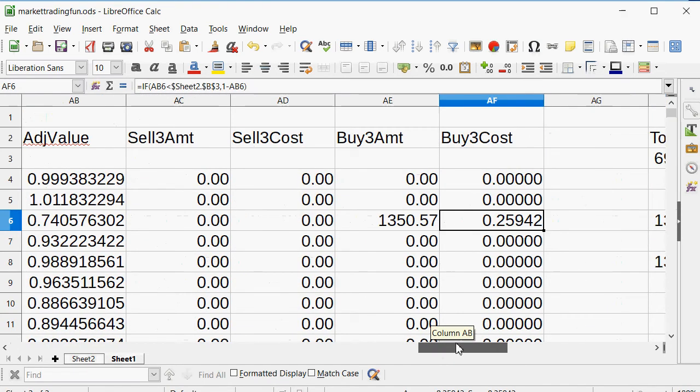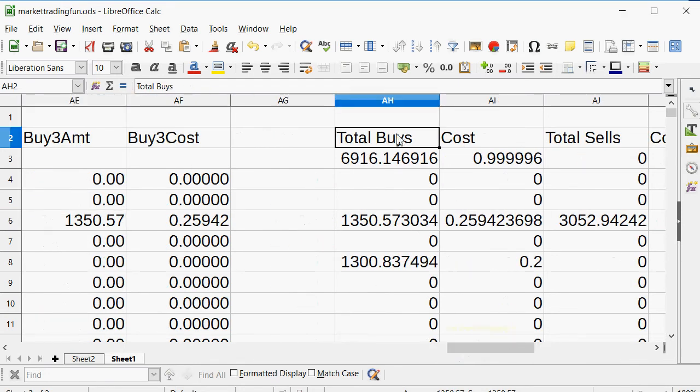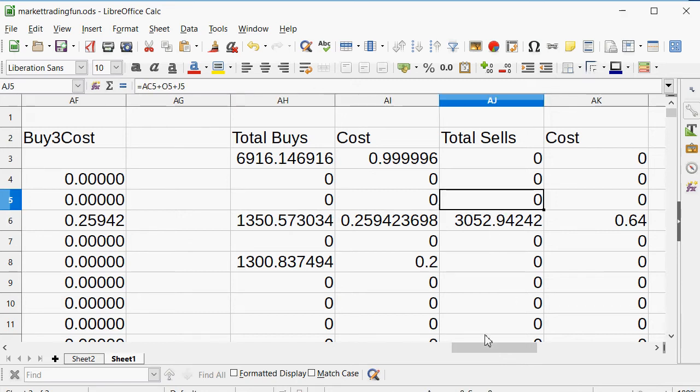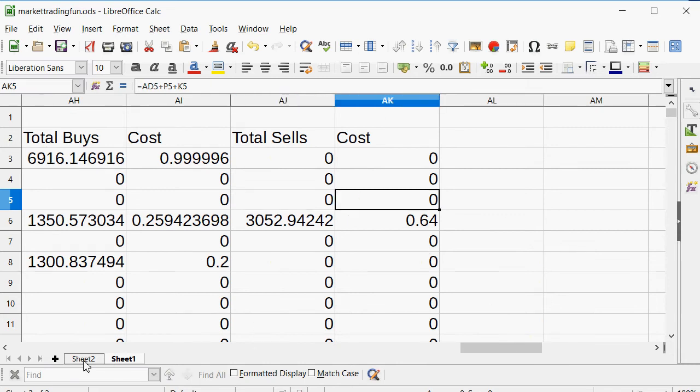And if it is, then I want you to take the differential of the two, and then again find the cost. Here's where I add the total buys up for the session, because there were 3 different spots to buy and 3 different spots to sell, so I just add all 3 of them together. So there's the total buys, the total costs, the total sales, and such in here.